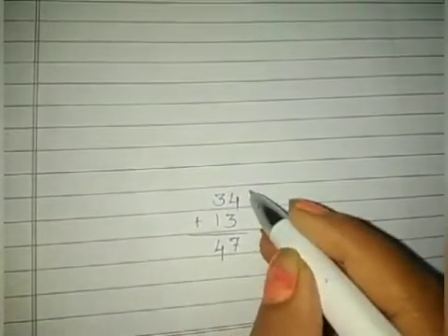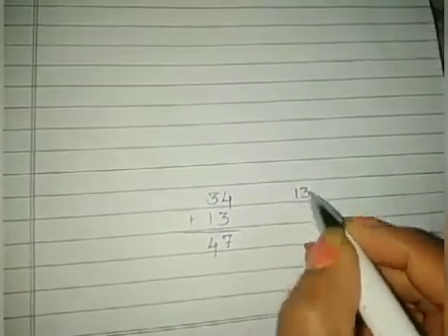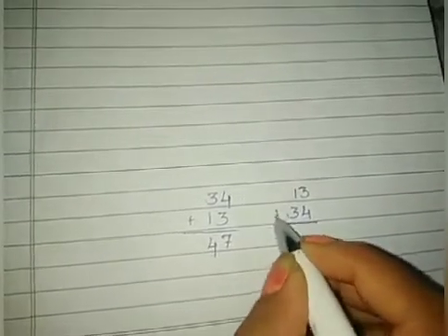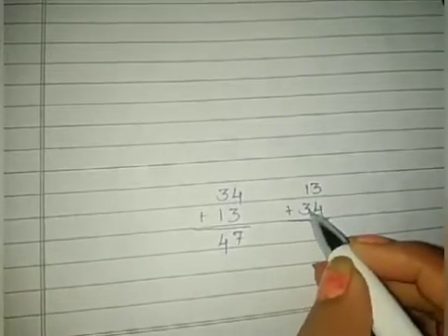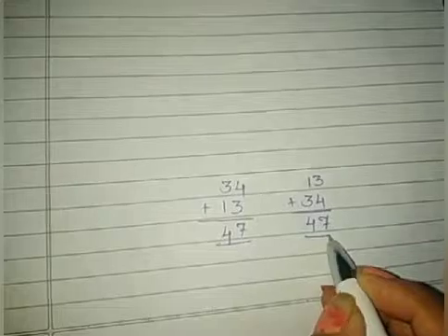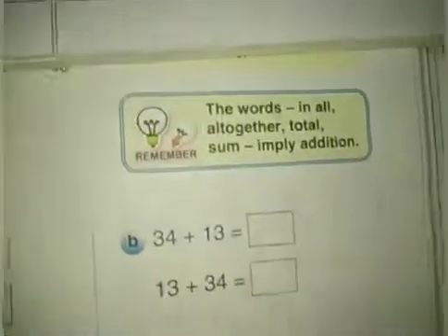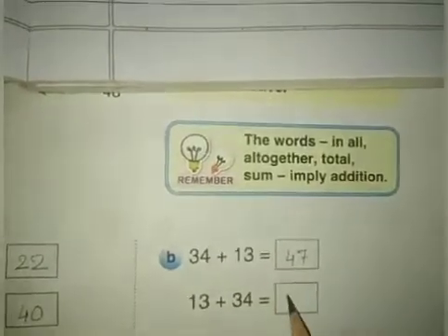Change the order of addends. Let's exchange the orders. Write 13 first and 34 as the second addend. Then add the numbers. 3 plus 4 will be 7, and 1 plus 3 will be 4. So the answer is the same on both sides, and this is the order property of addition. Let's write this answer in the box. 47.